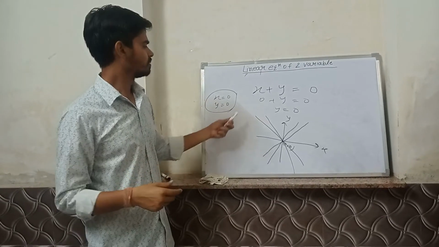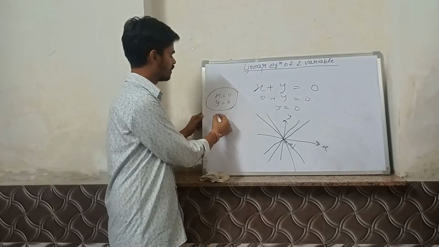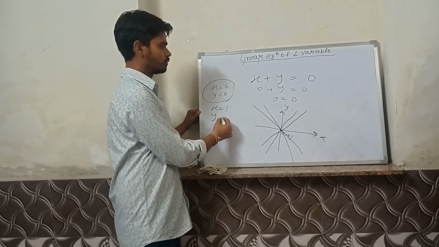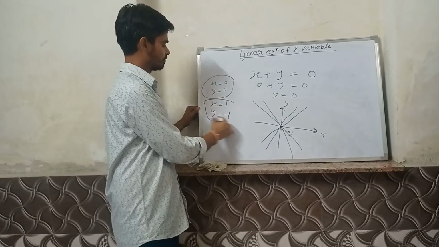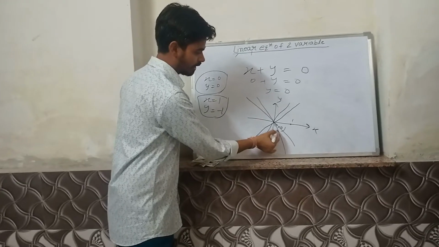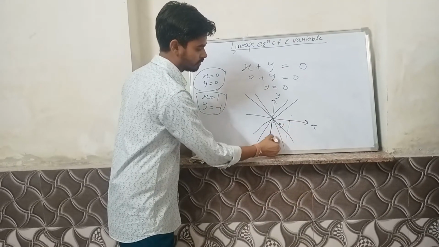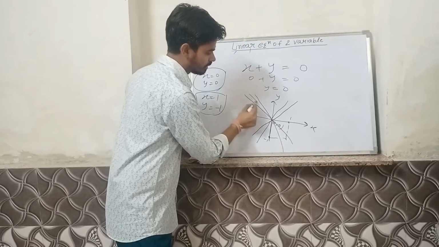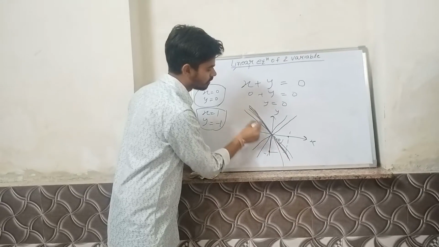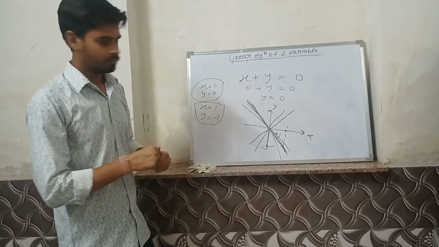So we can put another point in x, like x is equal to 1. Then we get y is equal to minus 1. So x is equal to 1 and y is minus 1. This is the line which we are going to find as the solution.